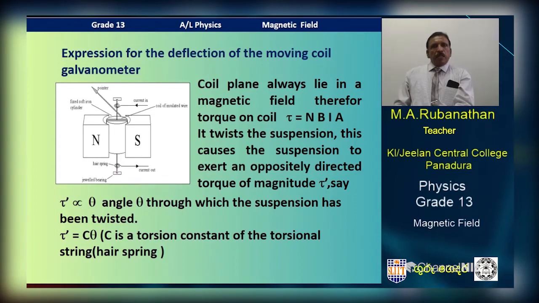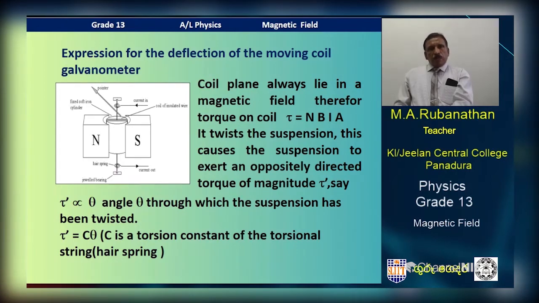So the coil twists the suspension, which exerts an oppositely directed torque of magnitude tau dash. The suspension opposes this twist and makes an opposing torque, tau dash.